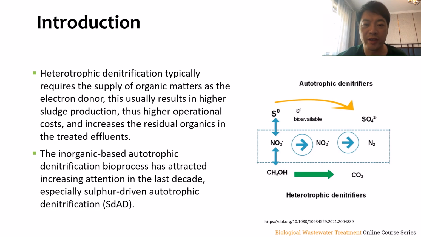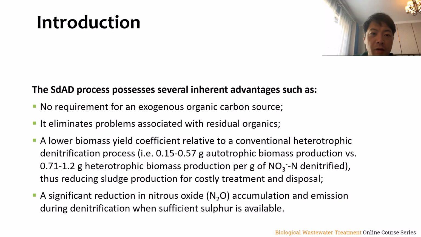The reduced sludge and the lower organic residue contribute to a smaller environmental footprint, aligning with more sustainable wastewater treatment practice. Now let's dive deeper into the advantages of the sulfur-driven autotrophic denitrification process.